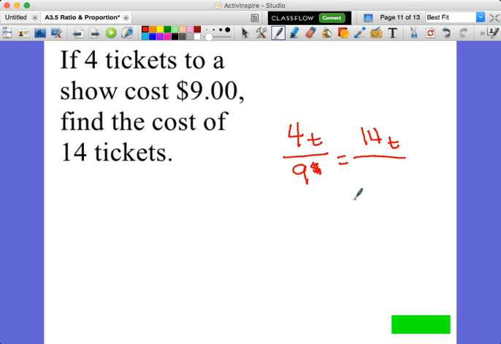I grab my calculator. 14 times 9 divided by 4, 31.5. So we have 31.5. In the real world, we would say $31.50. That should be my full answer.